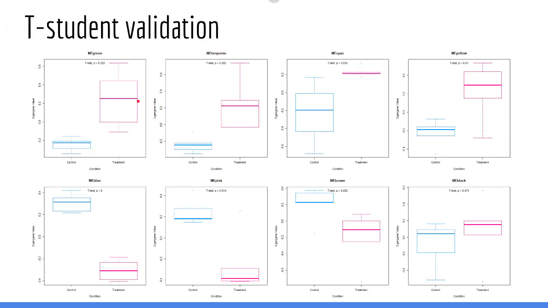This was validated by the Student's t-test, where you can see the distribution for the four correlated modules and the three uncorrelated modules. And as an example, we got this black module from the non-significant ones.